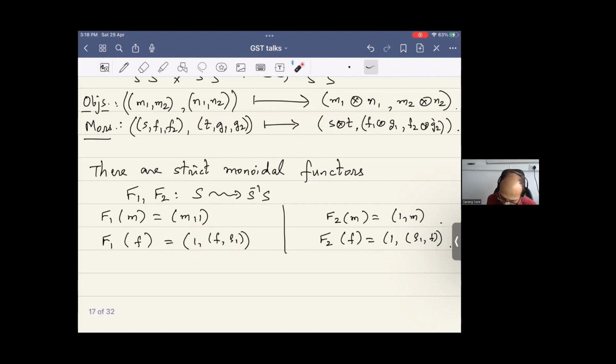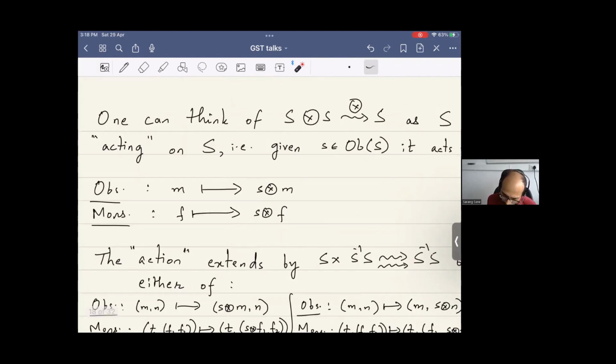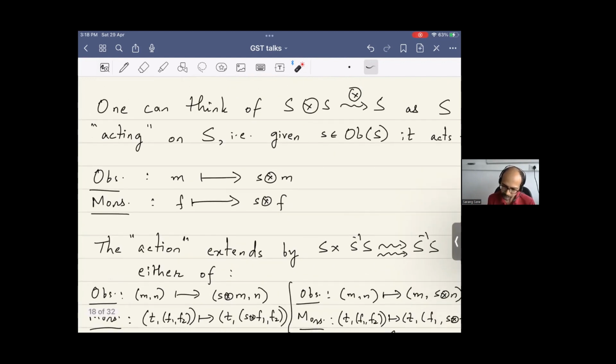And what I said last time was that if you think of this tensor operation as S acting on S, this is one way of thinking of this map tensor. That is, S is acting on S, which is to say that if you take an object s of S, then there is a natural morphism it induces from S to S, namely you tensor with this s.